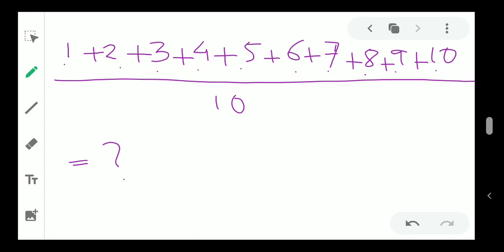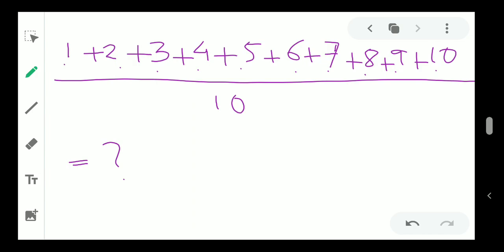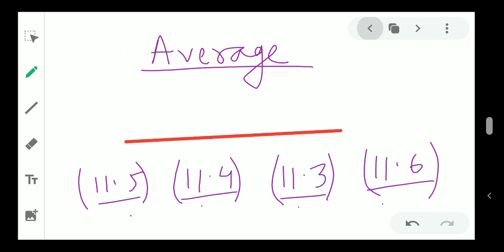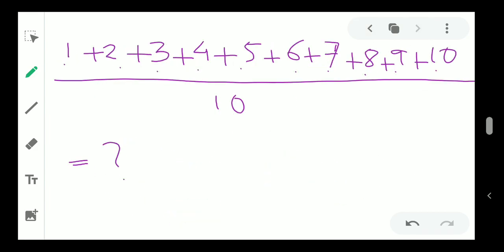Okay, so I will give you some maths very soon, and then you will practice to find out average and percentage. Okay, so these are the things you have to find out, and day after tomorrow again we will do some more math with average, and those maths will be tricky, interesting, and we will enjoy, I think.